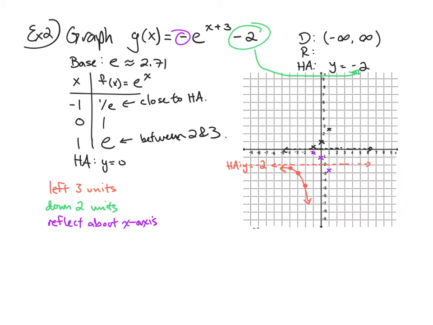So the range here would start at -infinity and get close to -2 but never quite touch it. So again, you can see this vertical shift gives a lot of really good information over here for the horizontal asymptote of the transformed function and the range.